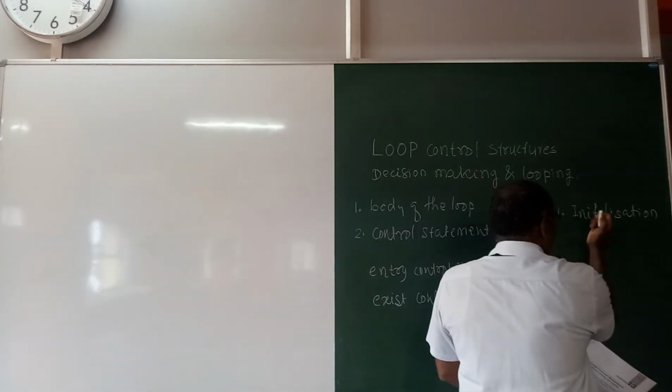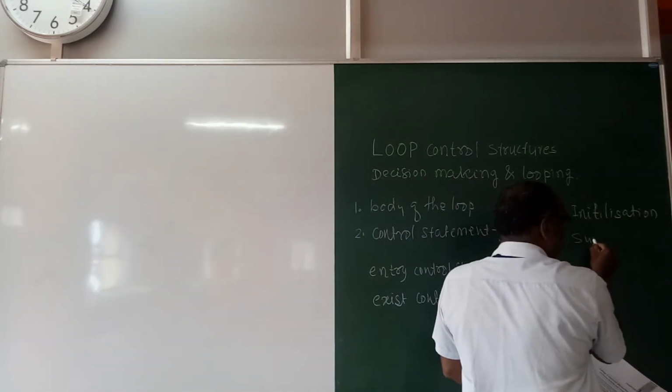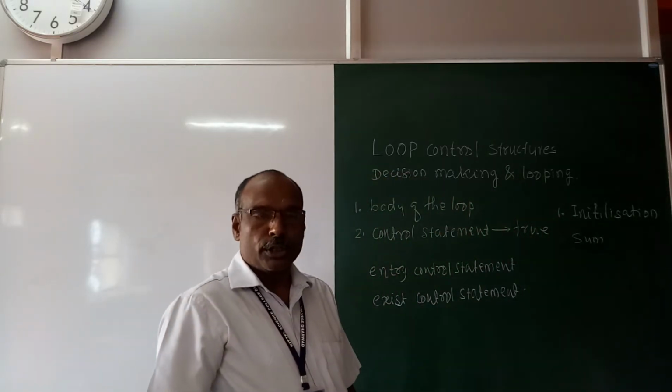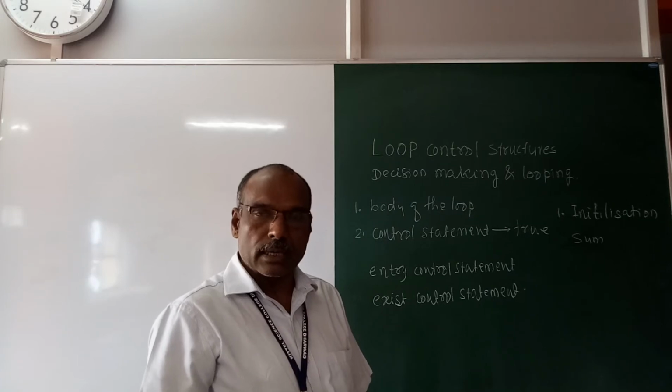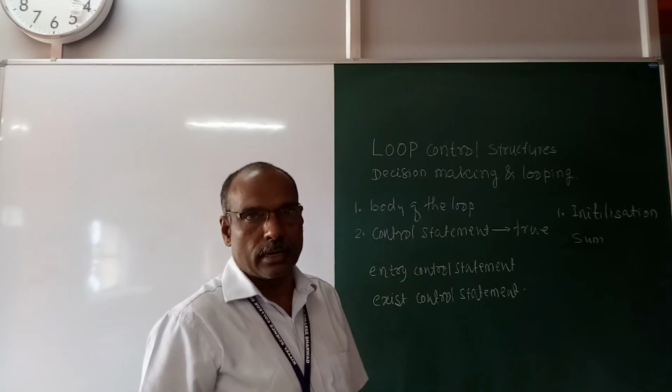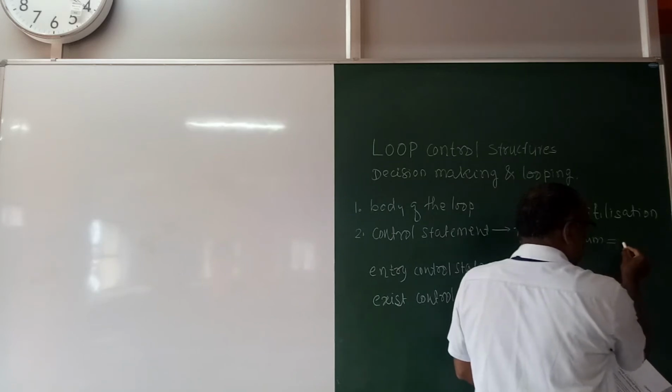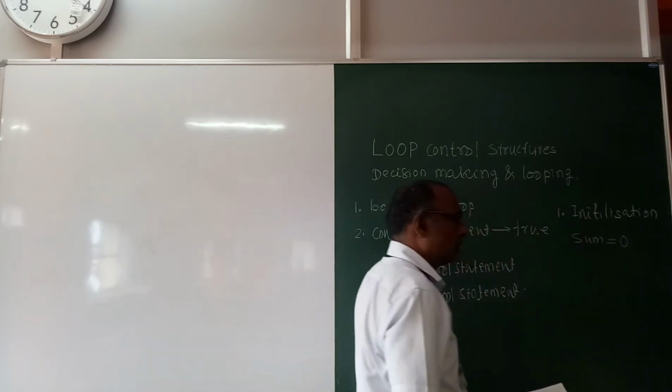Or another example, sum. I am writing a program to find the sum of the first 50 natural numbers. So here in the initialization, the sum must be initially 0.